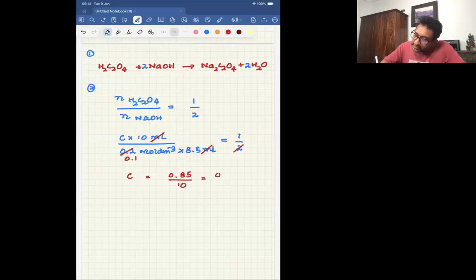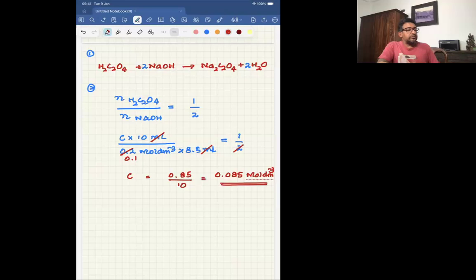You get an answer of 0.085 moles per cubic decimeter. That is your answer. Did you all understand that? Is it clear? Everybody got it? That is the molarity. Molarity means concentration. Concentration of this acid is that. Everybody got it?